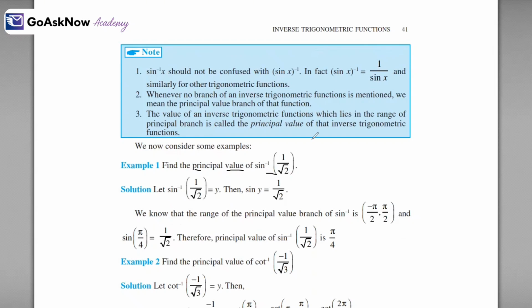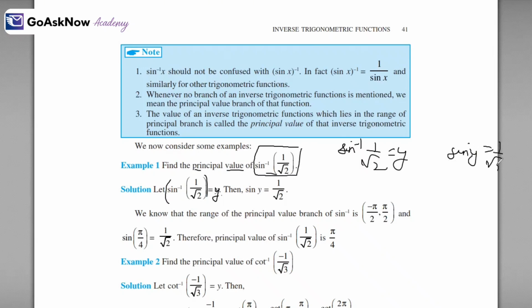If we are given any inverse function, we should take it equal to some variable. So here I have taken sine inverse 1 by root 2 equal to y. We have to assume it like this. Then, if sine inverse 1 by root 2 is y, we can write sine y is equal to 1 by root 2.